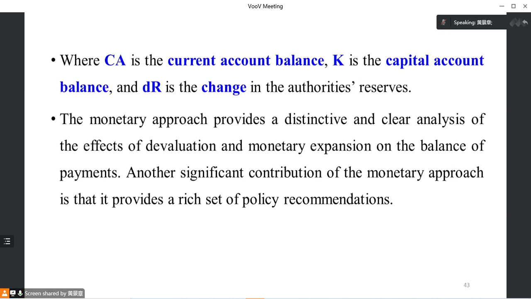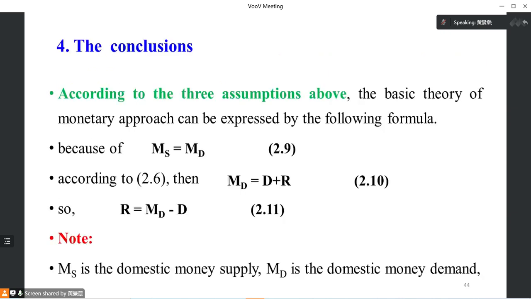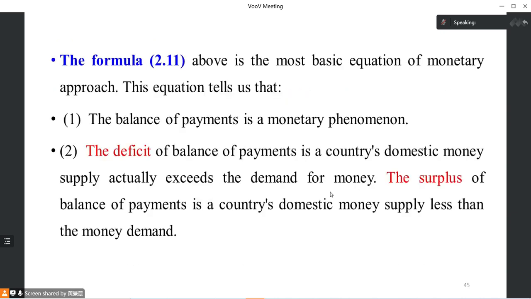From equation 2.8, we can get the conclusion that the balance of payments is a monetary phenomenon, and the deficit of balance of payments is when a country's domestic money supply exceeds the demand for money.